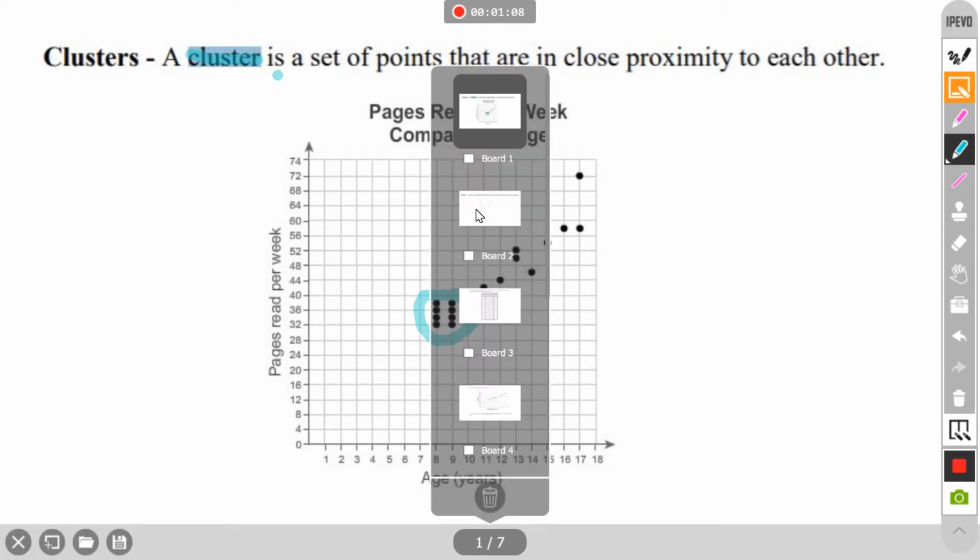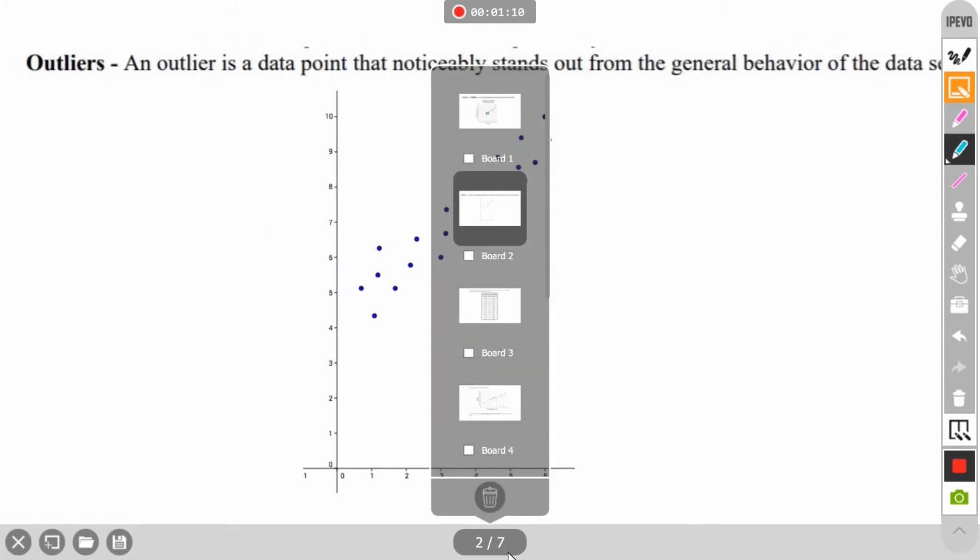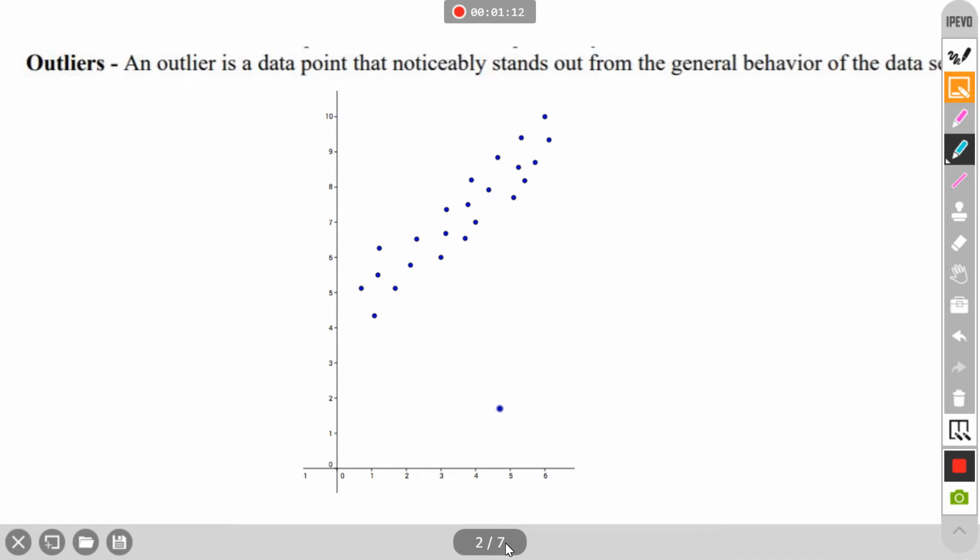If we talk about an outlier, you guys do know that an outlier tends to be those values that stand out from the rest of the data set. Usually, if we're talking about just a single set of data, like when we were discussing measures of variability, like mean, median, mode, and range, and we were given data points like test scores, we knew that an outlier was a number that was either really small or really large compared to the rest of the data.